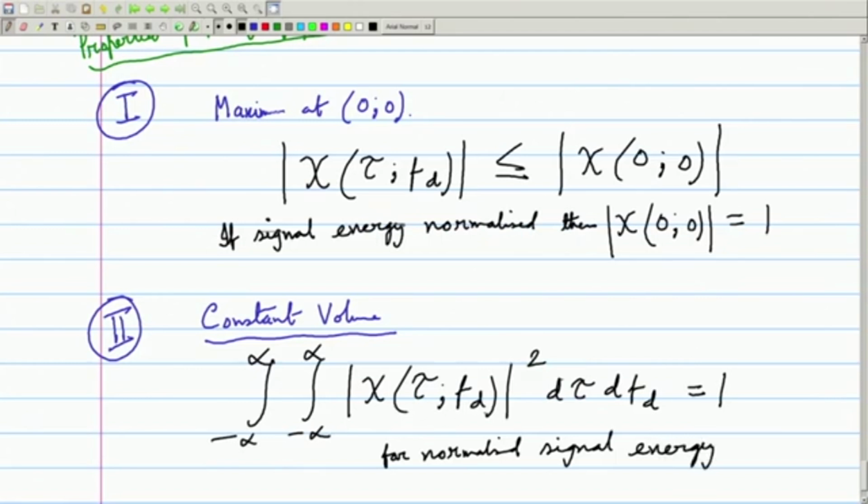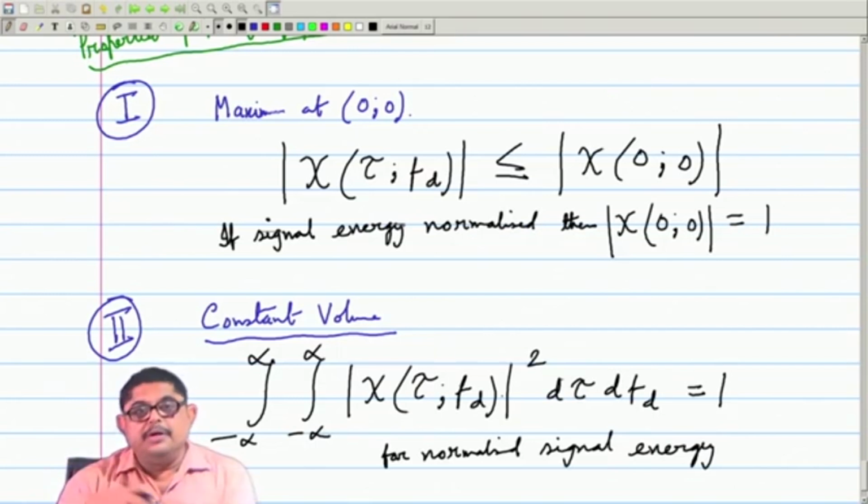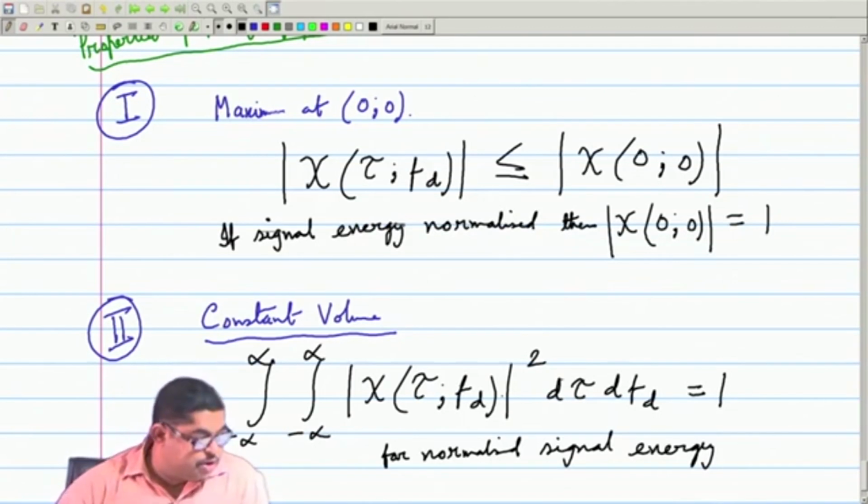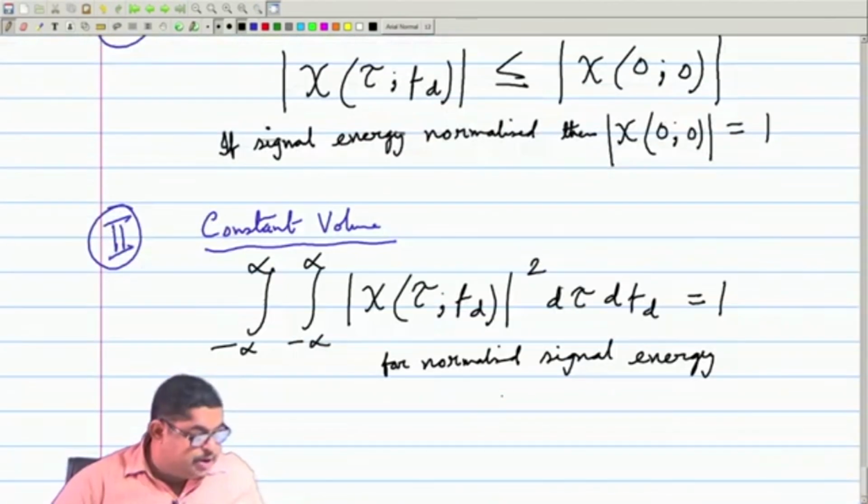The total volume under the ambiguity surface squared equals unity irrespective of the signal waveform. So, whatever waveform you use, this ambiguity function squared is a 2-dimensional curve, and the total volume under it is always 1. So, this is also an important property.